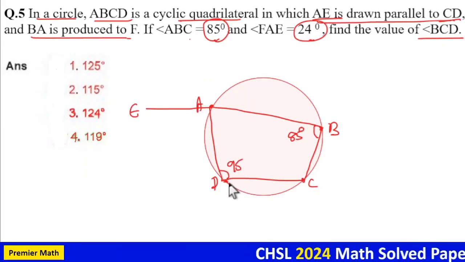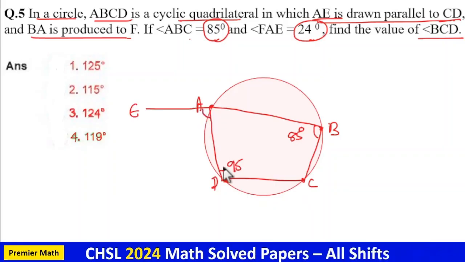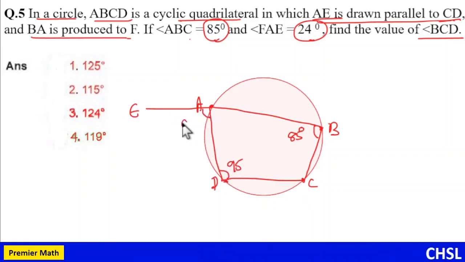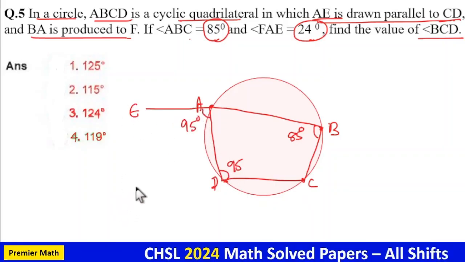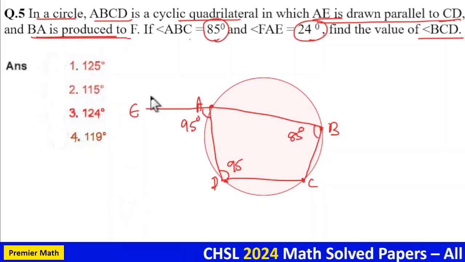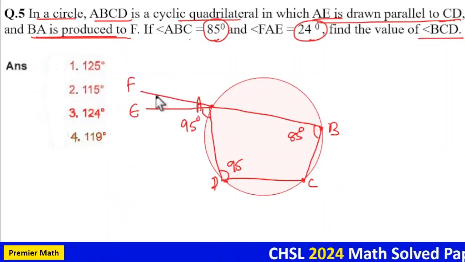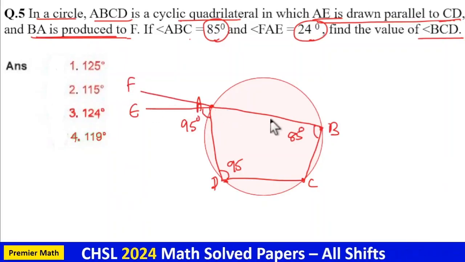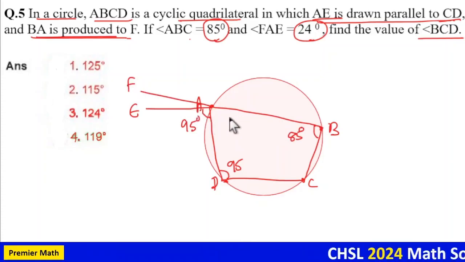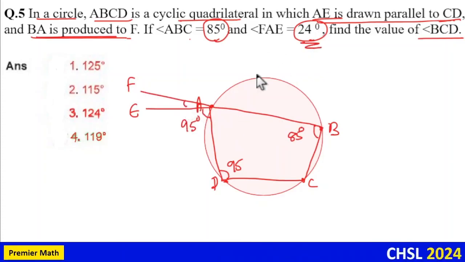And you can see these two lines are parallel lines, which means these two angles are alternate angles. Alternate angles are the same. Now here BA is produced to F. This is BA. So extend BA to F. Now this is a line, which means the total angle is 180 degree. And here this angle is given as 24 degree.